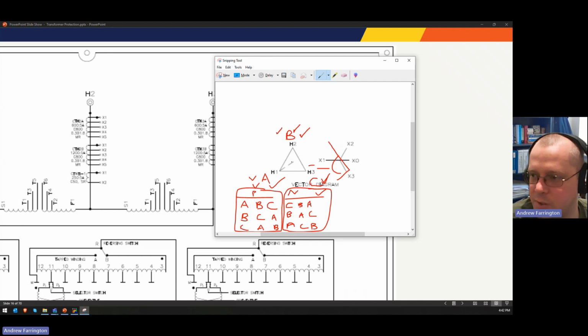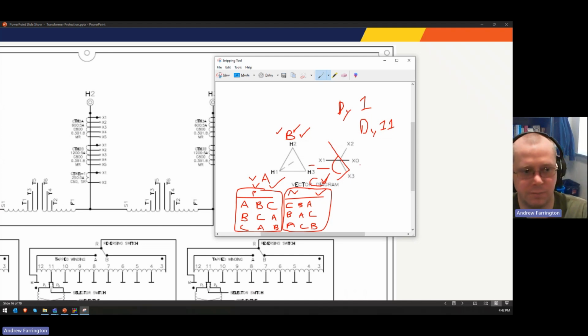So instead of, in this case, dy1 lagging by 30 degrees, it would be converted to a dy11, and the low side would lead by 30 degrees. So it changes that phase shift. Okay. So this is really important. This is super, super important. You need to understand this.